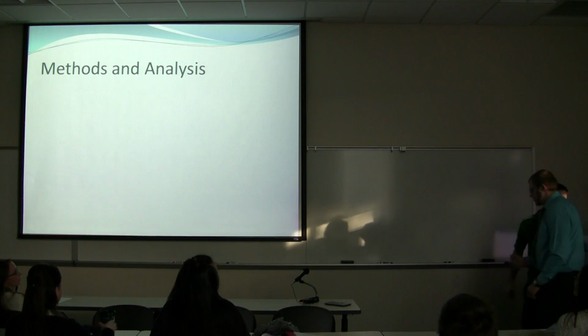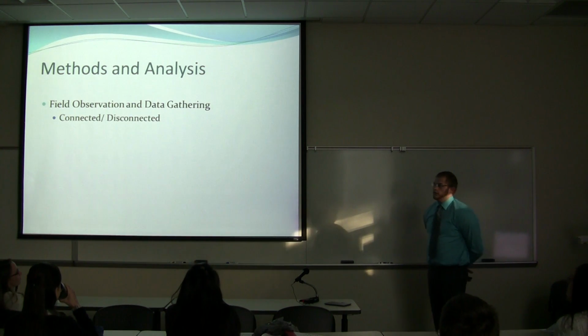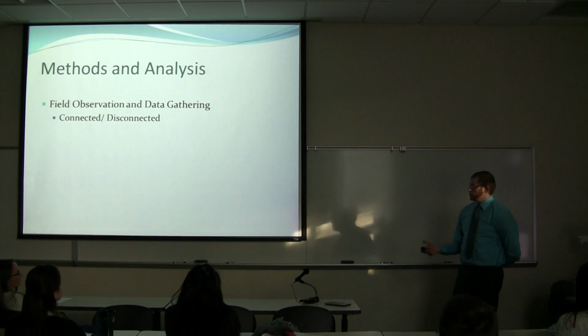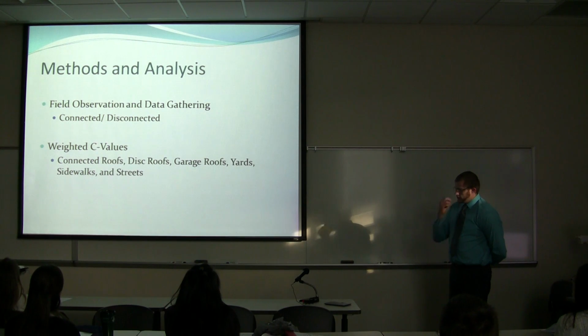Okay. For our methods and analysis, we went out into the field and gathered and tabulated whether the house and garage was disconnected or not. For our C values, actually Dr. Wade covered that rather well.